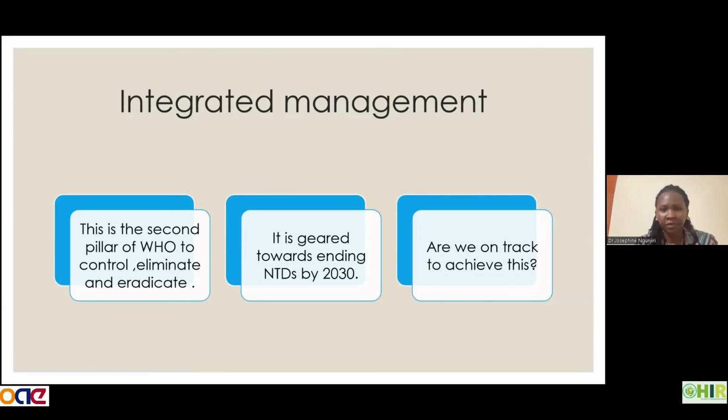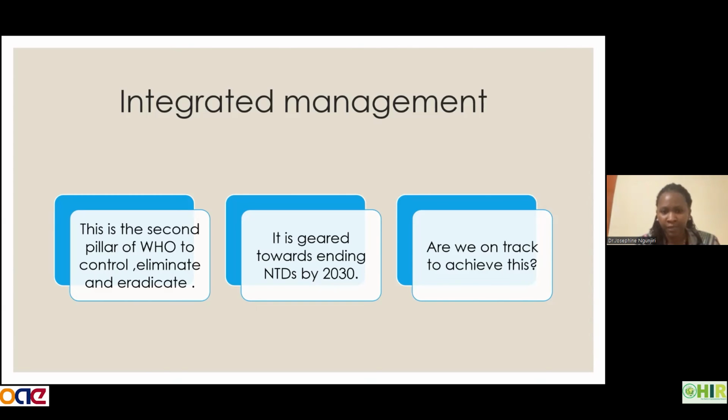So integrated management is the second pillar for WHO to control, eliminate, and eradicate. And from where I sit, in Kenya particularly, we have had a success story, especially the elimination of tuberculosis, which has been declared eliminated for some years now. And we are hoping that it will be declared eradicated after the duration required without any new incidents, which will be very good news.